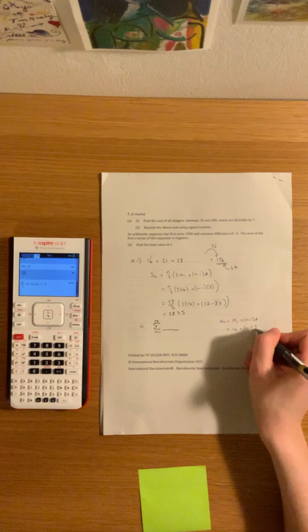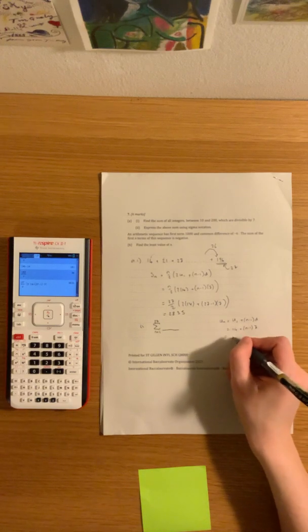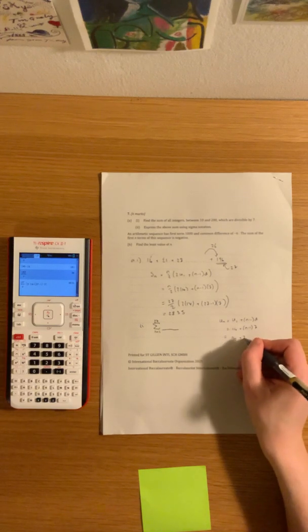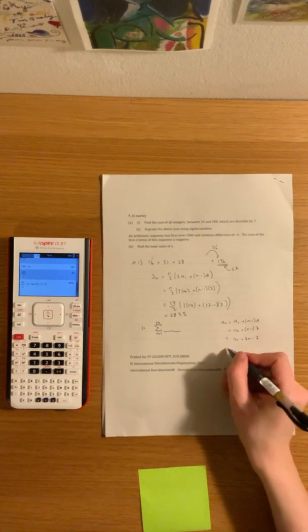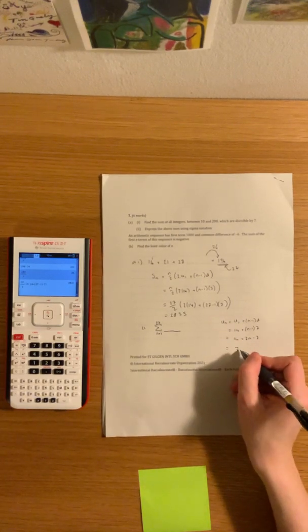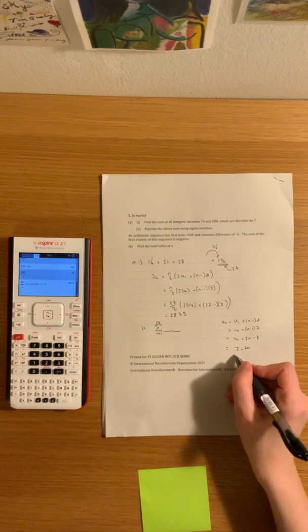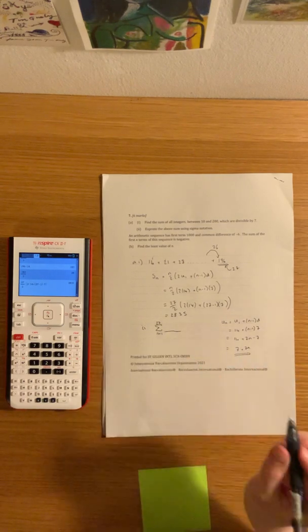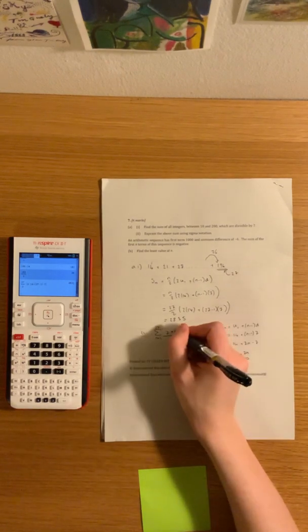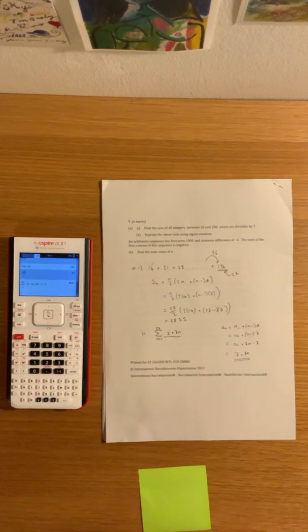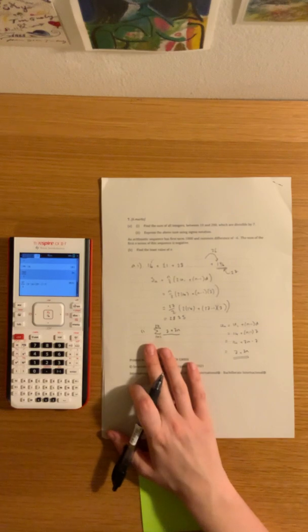And my d, my common difference, was 7. So that's going to be 14 plus 7n minus 7. 14 minus 7 is 7. So it's 7 plus 7n. So that is what I'm going to write here. 7 plus 7n. So I've answered all of part A.